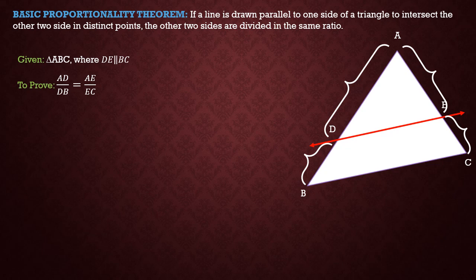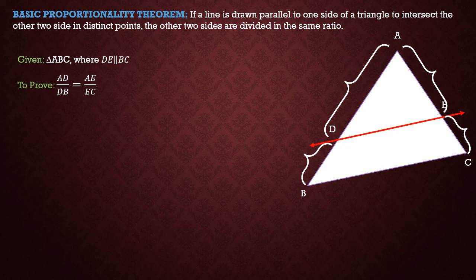In the triangle ADE, once AD will be the base, and the second time we will have AE as the base. When AD is the base, we have to draw an altitude from point E, and when AE is the base, we will have to draw an altitude from the vertex D.